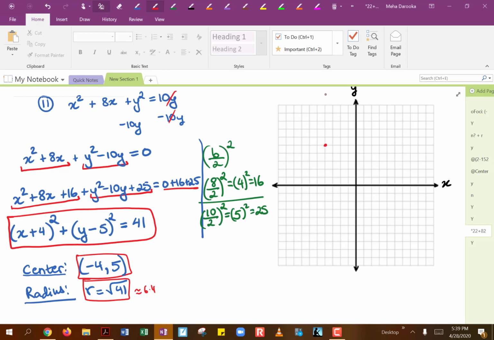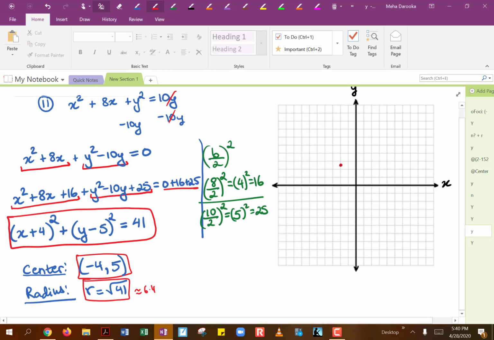So how about we do these in twos, which means our center will move. So this will be -2, -4, +2, +4, and then +5 over here. So this will be our center, -4, +5, and then we are going 6.4 units out.